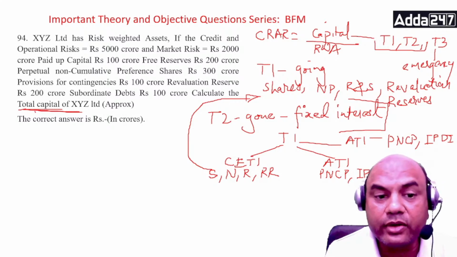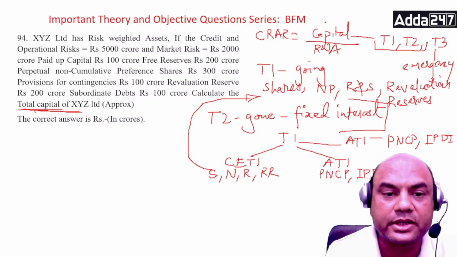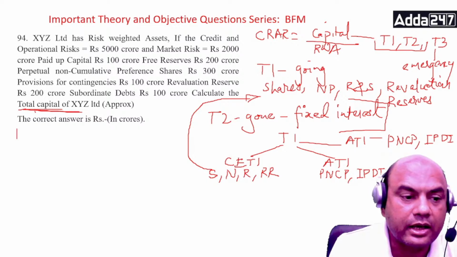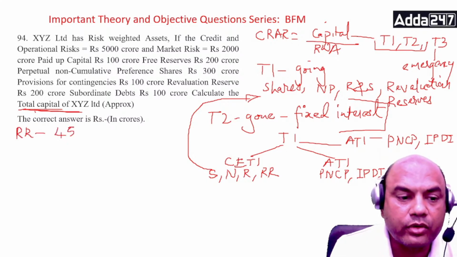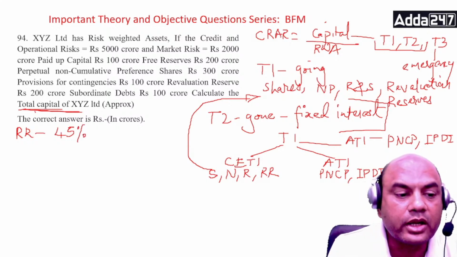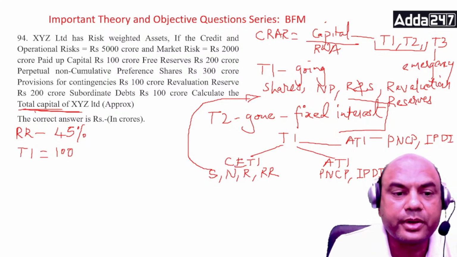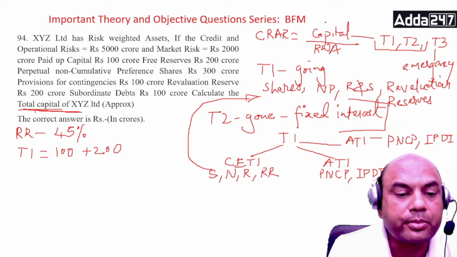Revaluation reserves, yes, this is, but revaluation reserves are always taken at a 55% discount. One important part about RR is it is always taken at 45%. Whatever is the figure, take 45%, means 55% discount we call it. So now T1 will be what? Go on adding 100 crores paid up, plus free reserves 200 crores, plus PNCP 300 crores.